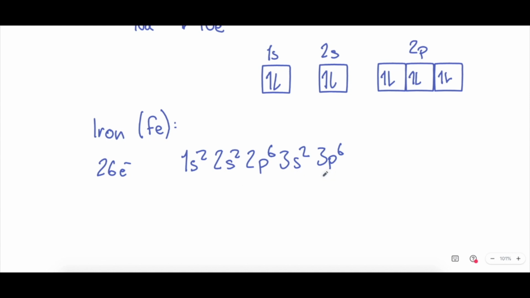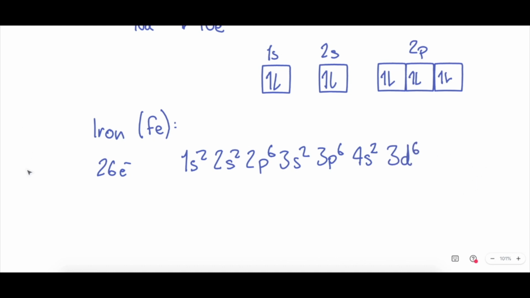Next, remember we've got the 4s before the 3d. So we would write 4s2, and then we're left with, so 2 plus 2 plus 6 plus 2 plus 6 plus 2 gives us 20 electrons, so that means we have 6 left. So our 3d would have 6 on it.